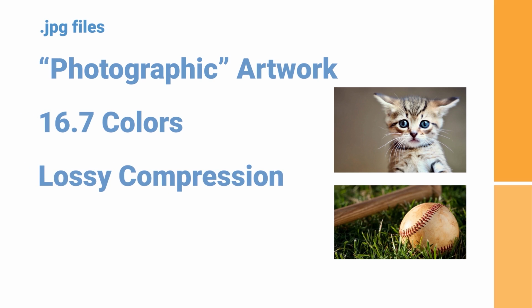It's really just a grid of pixels, each pixel being one of the 16.7 million colors that are available in the RGB color gamut. JPEG uses lossy compression, and what that means is the more an image is compressed, the more quality is lost. JPEG files are compressed by making adjacent similarly colored pixels the same.